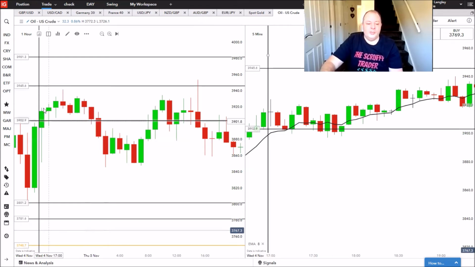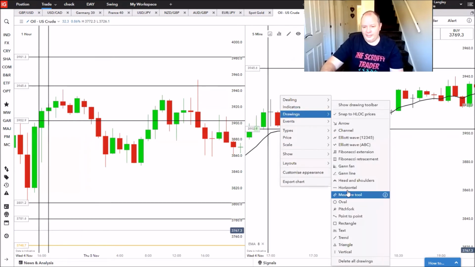So here it is broken that way, going up to this level. So it comes down, it's tagged, it's closed above. There is your entry. Put it a couple of ticks above the candle.